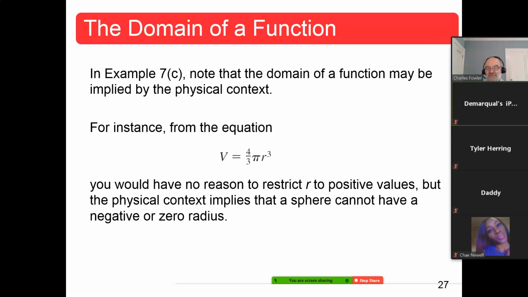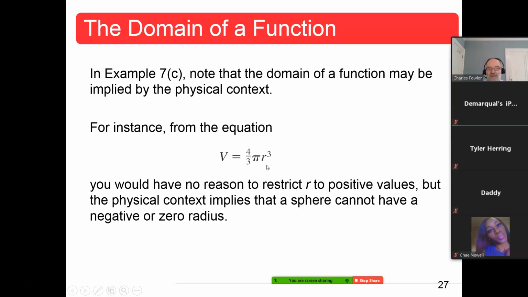Now, example 7c, that's the one about the volume of the sphere. Note that the domain of the function may be implied by its physical context. Okay? So this function by itself, if they didn't say that's the volume of a sphere, you'd say all real numbers. No reason to restrict R if you didn't know that was the volume of the sphere.